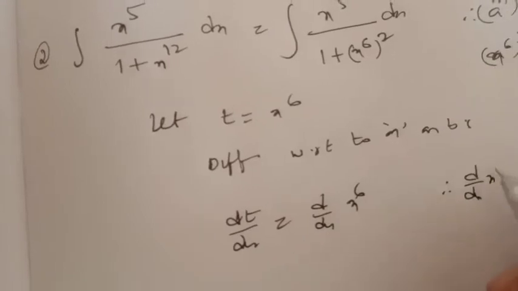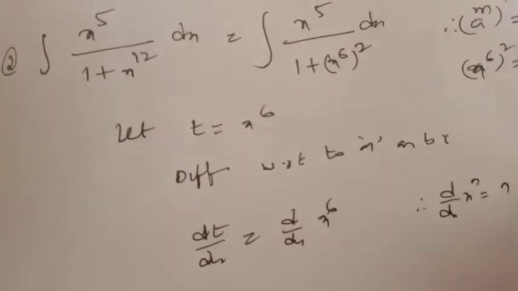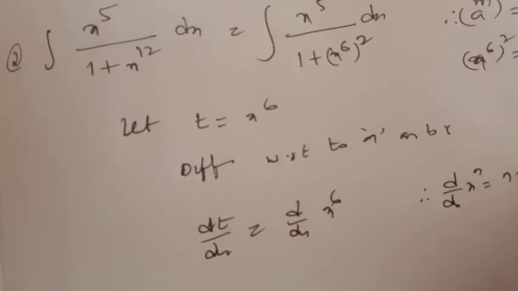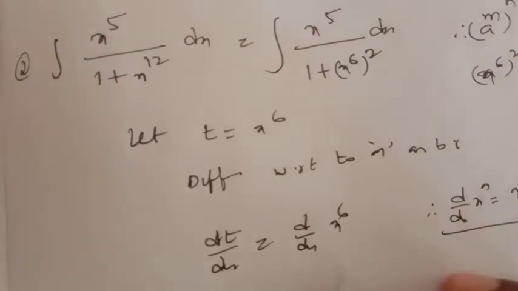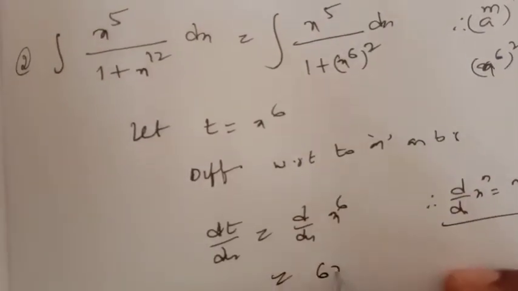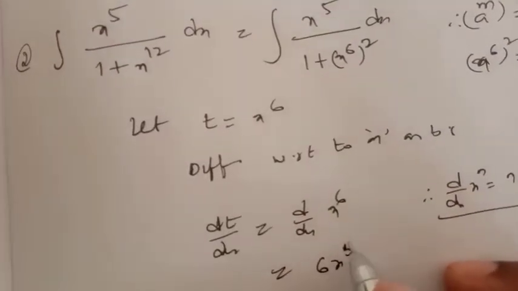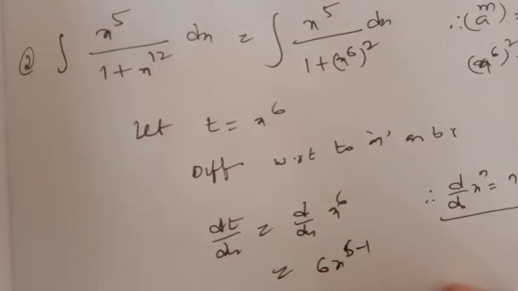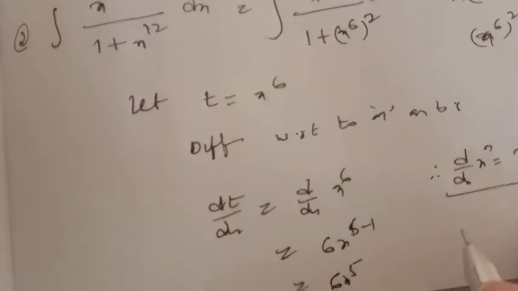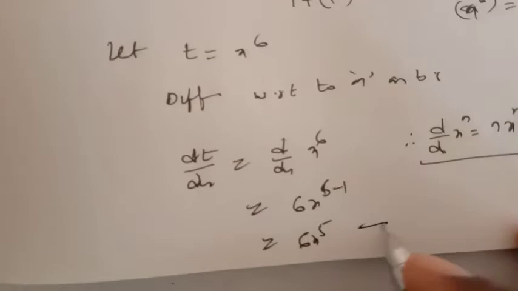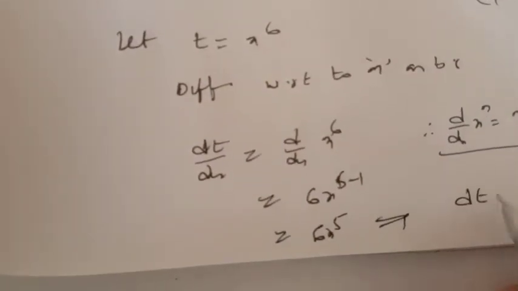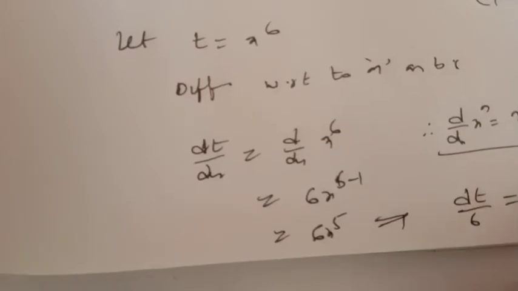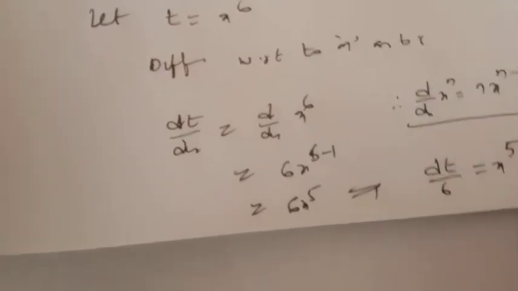Therefore d by dx of x to the power of n equal to n into x to the power of n minus 1. Here n equal to 6, it is 6 into x to the power of 6 minus 1, that equal to 6x power 5. Therefore dt by 6 equal to x to the power of 5 into dx.